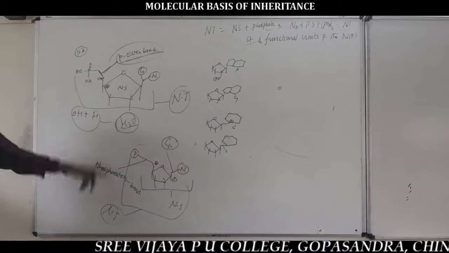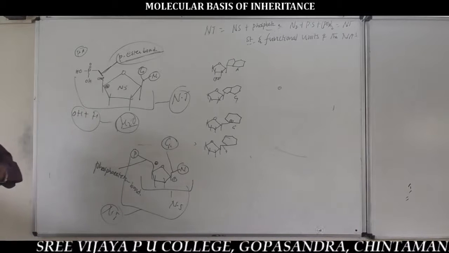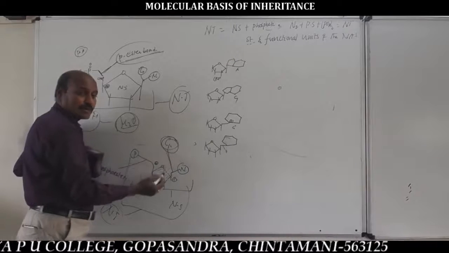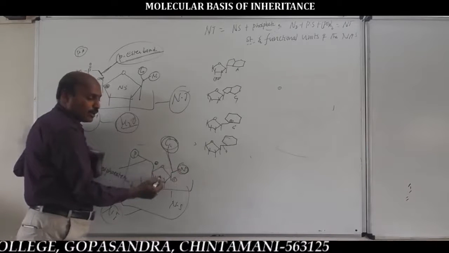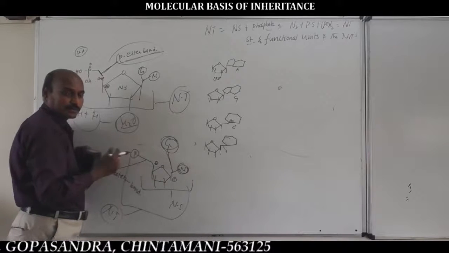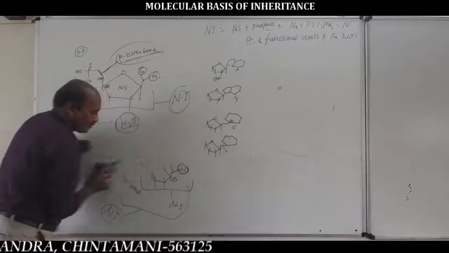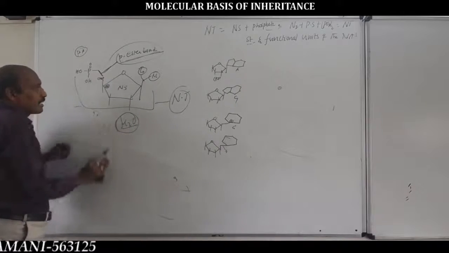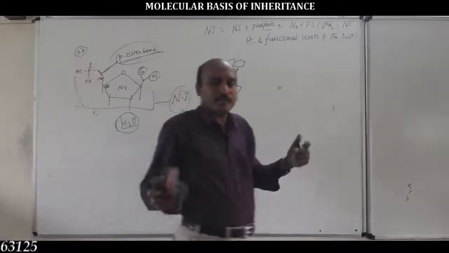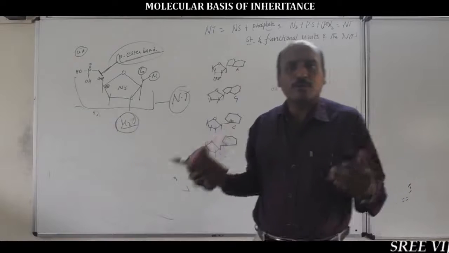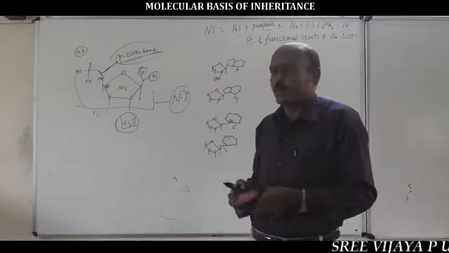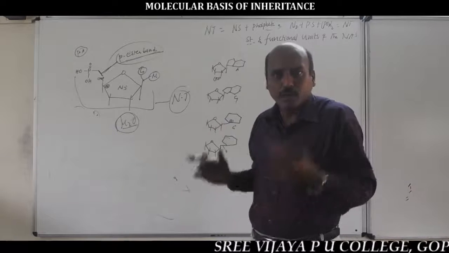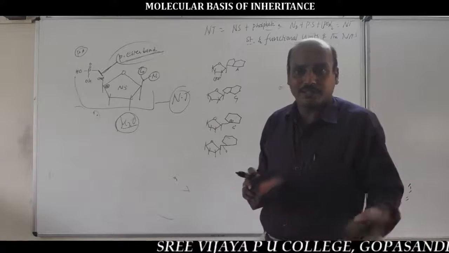While a nucleoside contains only one organic chemical bond, the glycosidic bond between the nitrogen base and the pentose sugar. So the combination of a nucleoside with a phosphate group is called a nucleotide, or the combination of nitrogen base, pentose sugar and phosphate group is called a nucleotide, the structural and fundamental units of nucleic acids.